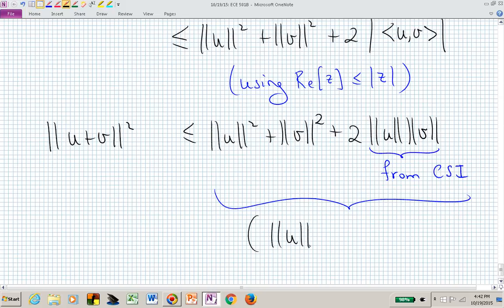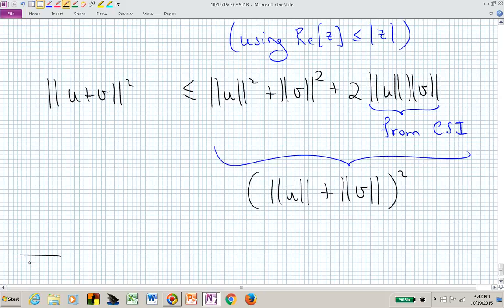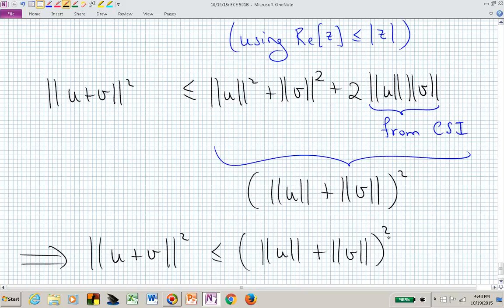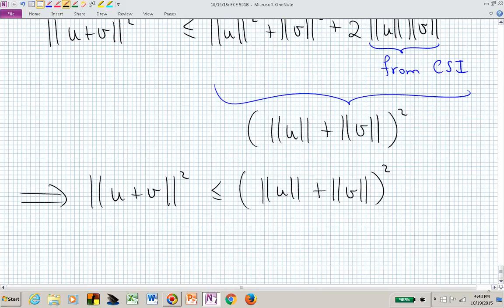This is now the norm of u plus the norm of v quantity squared. Or we've now derived that u plus v, the norm of that vector squared, is less than or equal to the norm of u plus the norm of v, that sum squared. Both pieces under the squared are positive, so we can take the square root and end up with the triangle inequality that we were trying to derive.